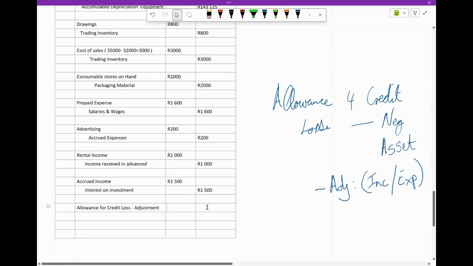So 10% of 3,000 is obviously 300. And then allowance for credit loss, the negative asset, we are crediting, and we're crediting by 300 as well, because here we're just adjusting. If we're in the balance sheet or the income statement, you would write the whole 3,300. But here we're just adjusting.